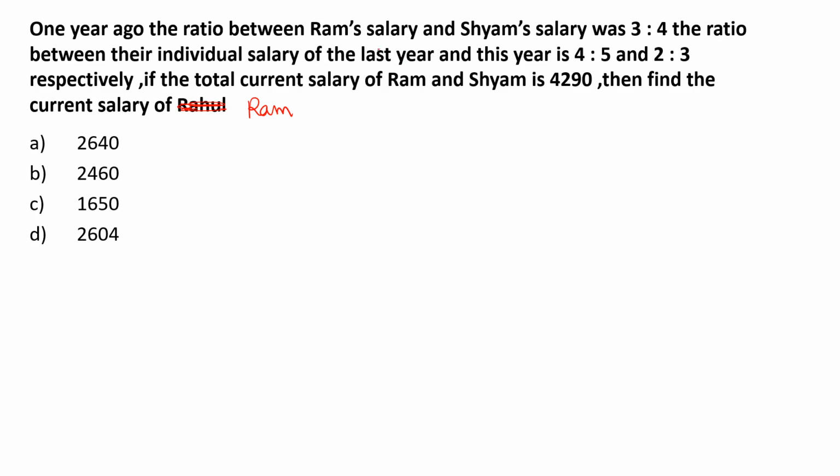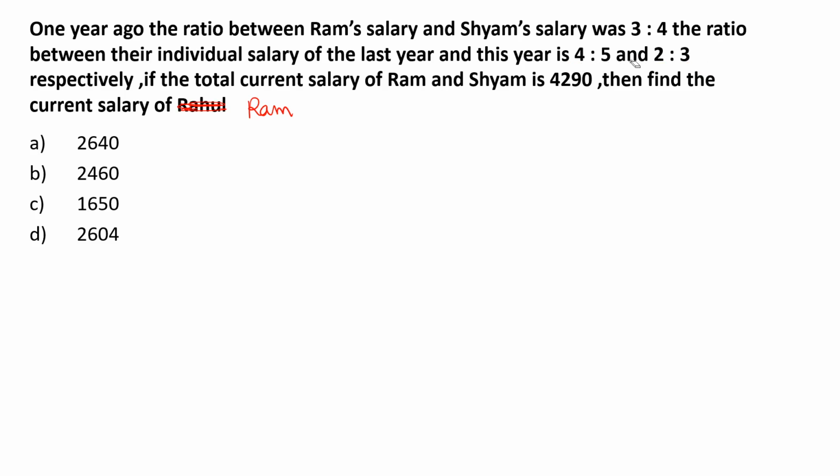The salaries of Ram and Shyam were initially 3:4, but they were increased in the ratios 4:5 and 2:3 respectively. When the salary of Ram in the last year was 4 rupees, the present salary would be 5 rupees. When the salary of Shyam was 2 rupees last year, it will be 3 rupees this year.